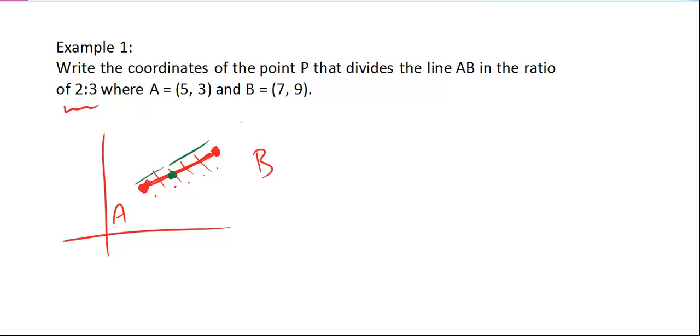So I want to attack this in the same general way that we did with the midpoint, but I want to do it with the differences, right? The difference between 7 and 5 with the x-coordinates is 2, and so I want to go 2/5 of that distance, right? We're saying that this total distance is 2.